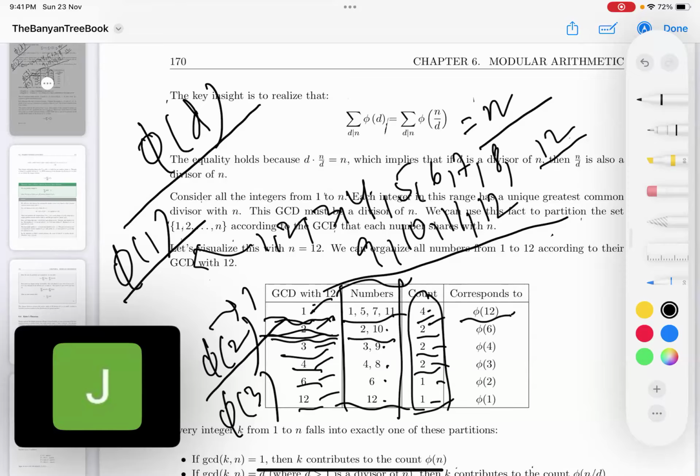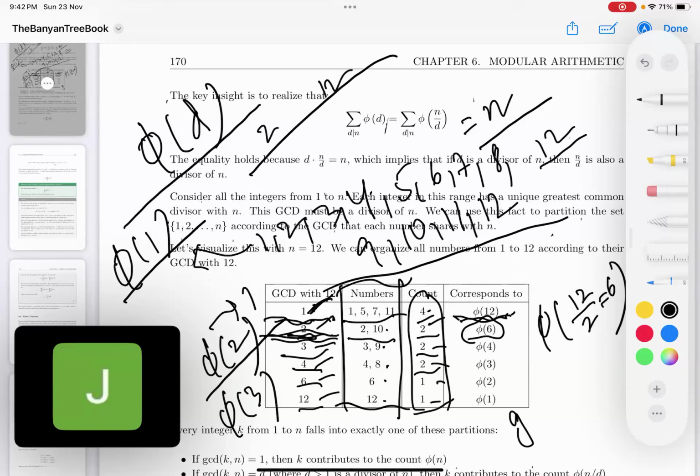Now the idea is this 1 corresponds to phi of 12. This 2 corresponds to phi of 6, right? Why is it phi of 6? Because 12 by 2 is 6. Let's look at the numbers which form a GCD of 2 with 12. These numbers are 2 and 10.